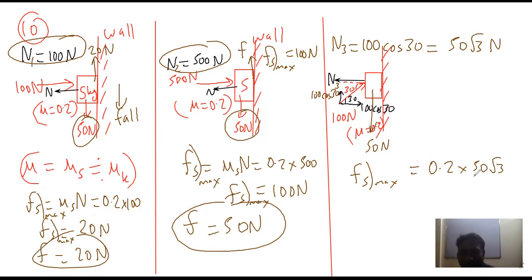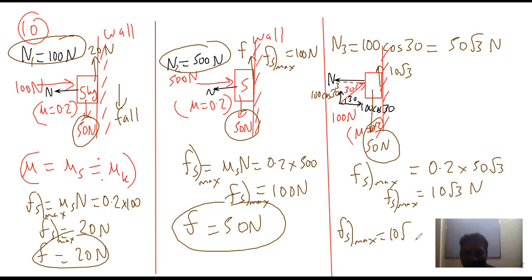So it is 2 into 5, 10 root 3. So this is the maximum value of friction. Now 10 root 3 is the maximum available friction, but downward force is 50 Newton. So of course, in that case, the body will fall down. And what will be the value of friction? It will be 10 root 3 Newton.